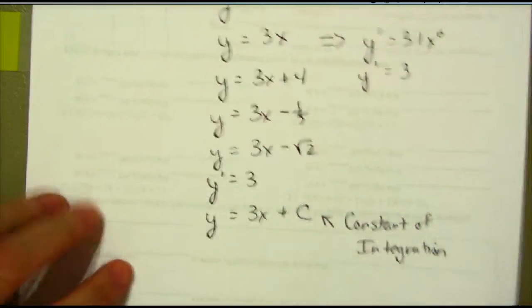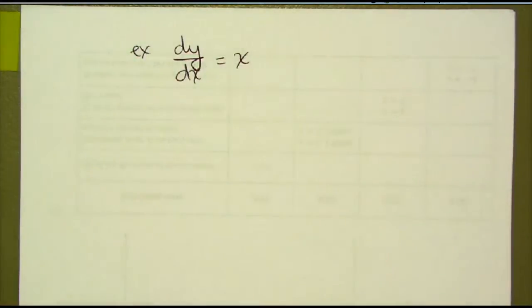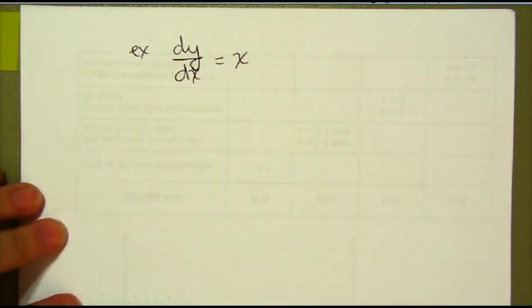So now let's do some problems and look at the notation for antiderivatives. So let's start with, if my derivative, my first derivative, is written like this, and I'm supposed to go backwards or take its inverse, which is called an antiderivative.